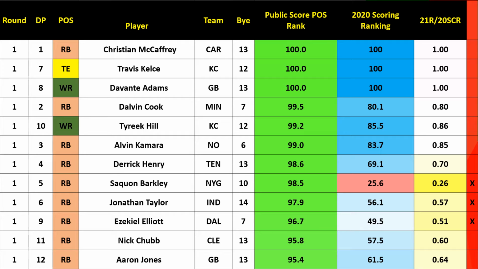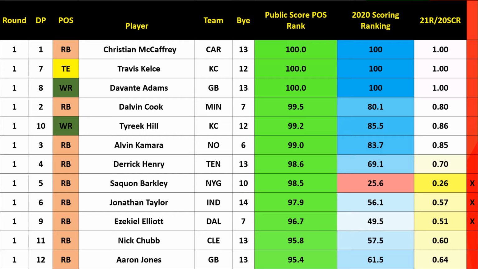So I took all the positions, went from high to low scoring fantasy points per game for injuries. And then I give you a ratio of what the public thinks relative to what 2020 was. A perfect score would be 1, and a poor score would be 0 something, and then in between.